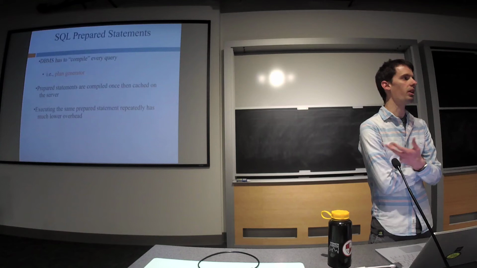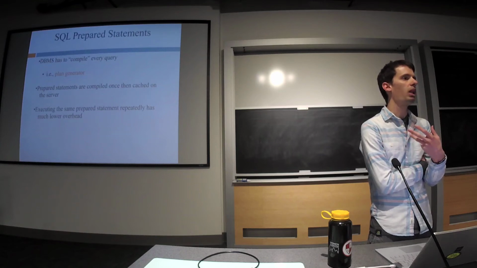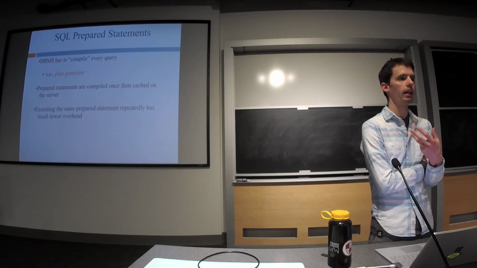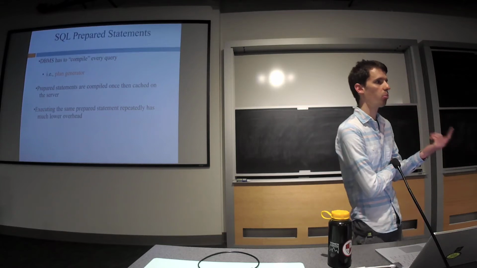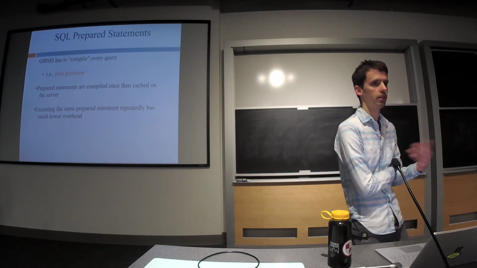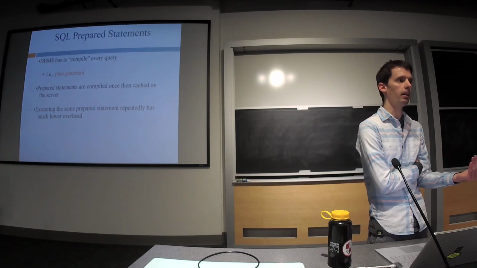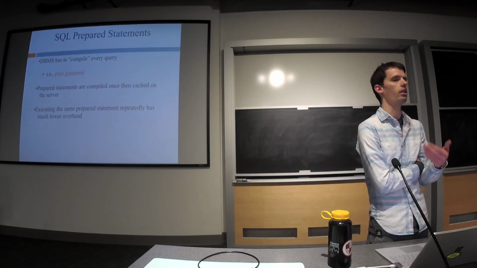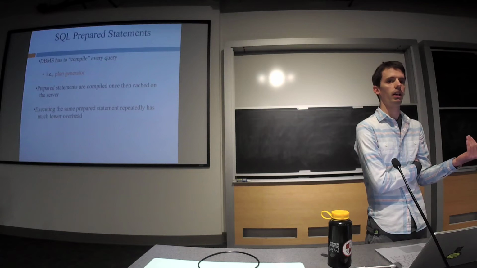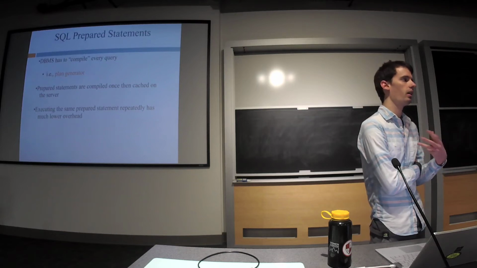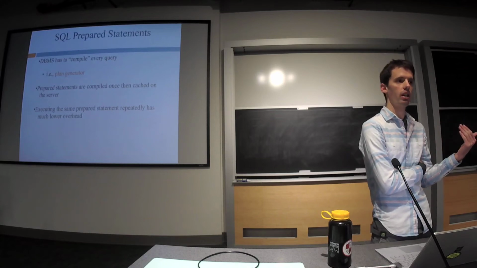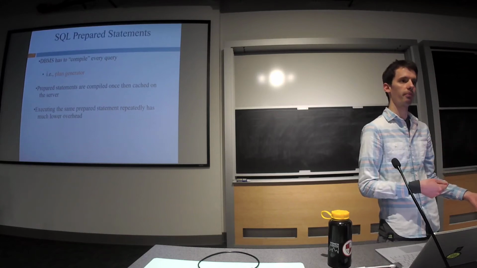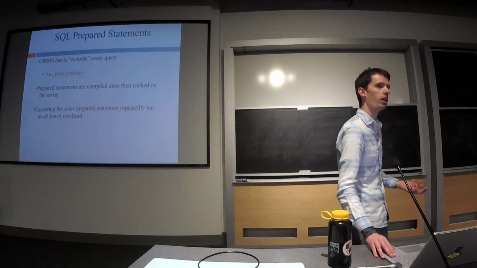With a prepared statement, it can prove that the plan part of the query doesn't change, because the only thing changing is those parameters. So it can compile it once and optimize it once, and then execute it again. This essentially reduces the compilation phase. The analogy is, imagine you're running a C program, and every time you call a function, that function has to be compiled. Obviously, that's not how it works.